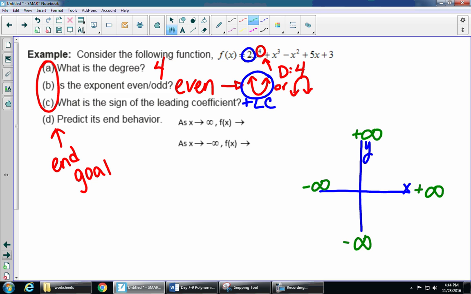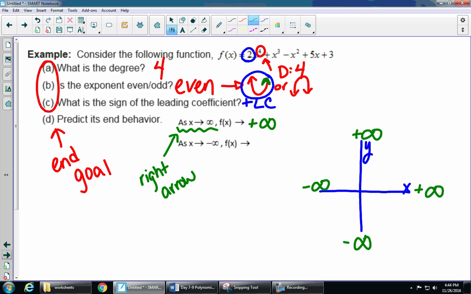This first piece, as x goes to infinity, is like saying as x goes to the right, where I'm going to look at my right arrow. If I look at that picture I circled up here, my right arrow is pointing up. And up points to positive infinity on the y-axis.